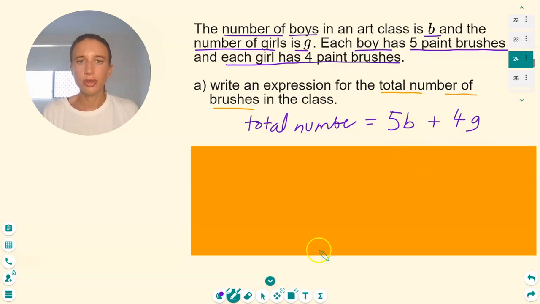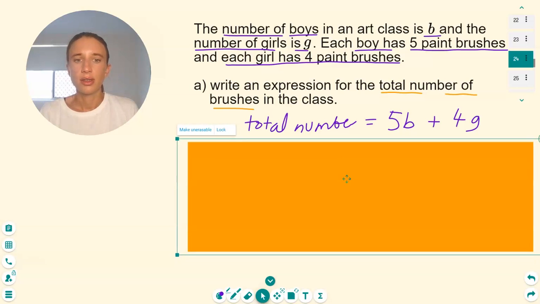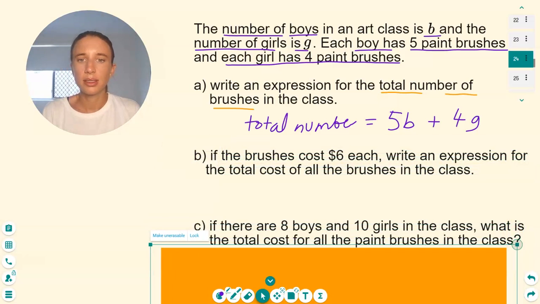So now we've got 2 variables in here, and we can't actually simplify that any further, right? Because it's 2 different variables. They're not like terms. So that's all we can write for the total number of brushes in the class. All right, so 5 for one boy. And if there were 2 boys, there would be 10 brushes altogether. You can test out some numbers there.